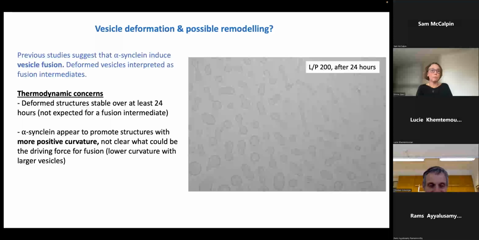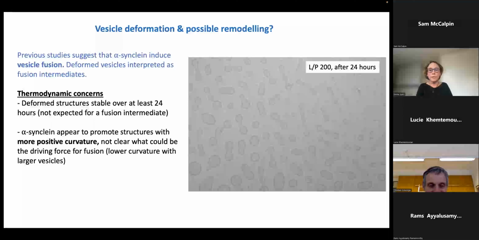Also, we see that the binding, or at least asymmetric binding, as I will come back to later, of alpha-synuclein to the membrane promotes structure with more positive curvature. That means that you go to a smaller object, and that could potentially be a reason driving towards fission, but it's hard to see together with fusion.